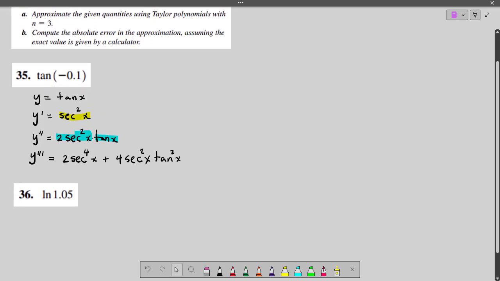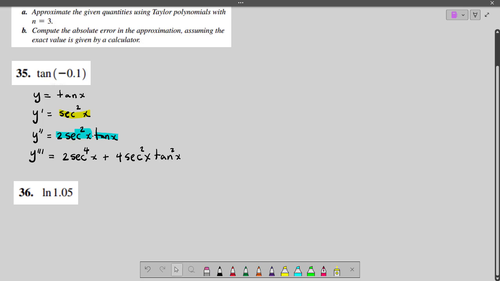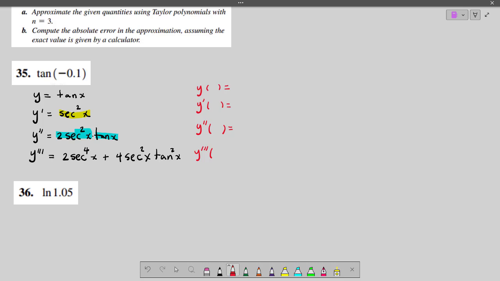Now, next in our column, if we're thinking about this as a spreadsheet, we need to plug in the center, and that's our choice. So they're asking us to approximate the value of tangent of -0.1, -1/10.